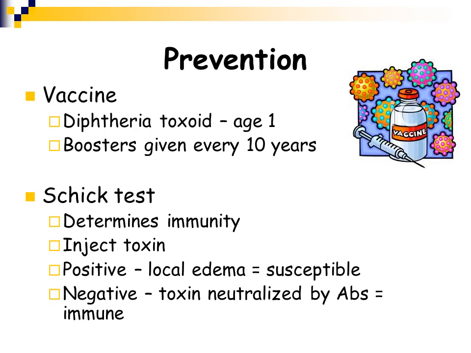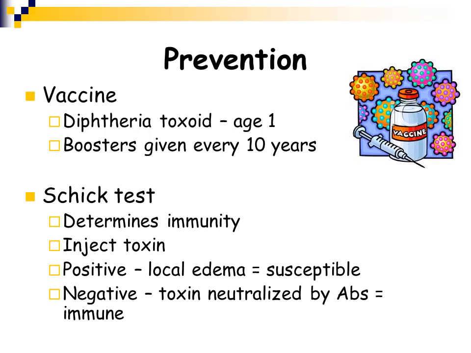What you do is inject a small concentration of toxin under the skin, and if you get a little local swelling in that area, the individual is considered to be positive, or susceptible.